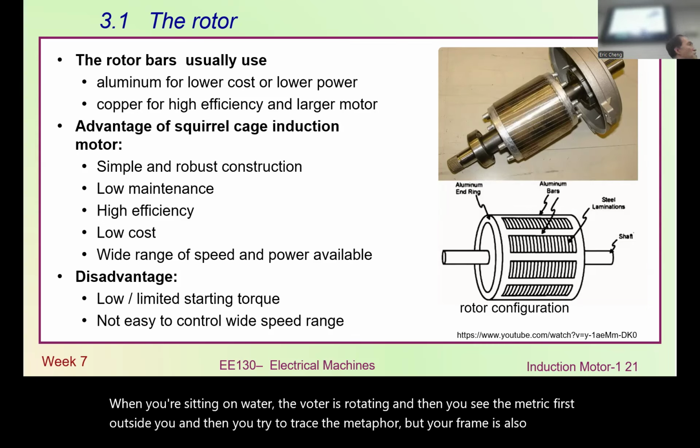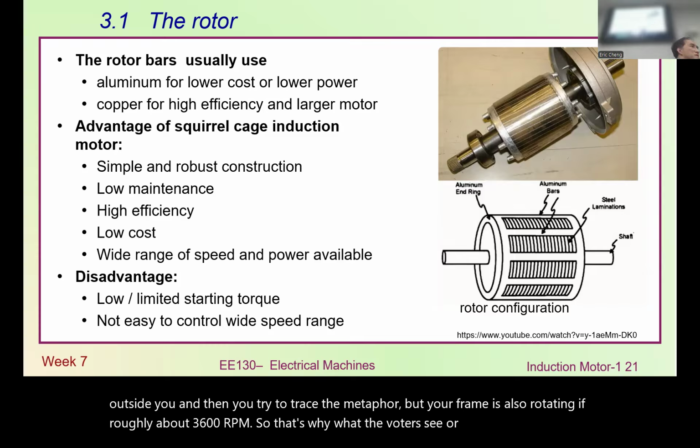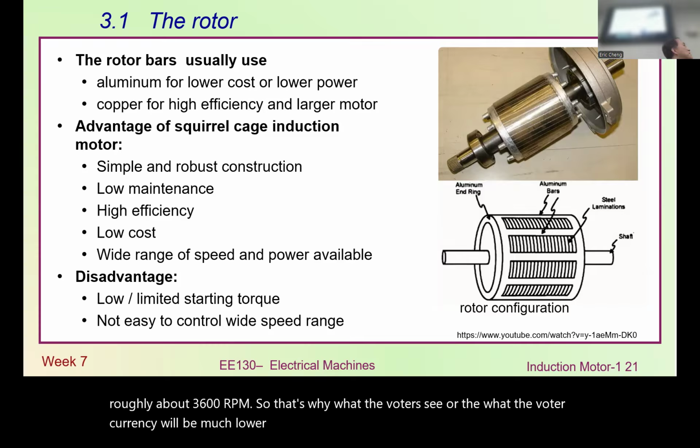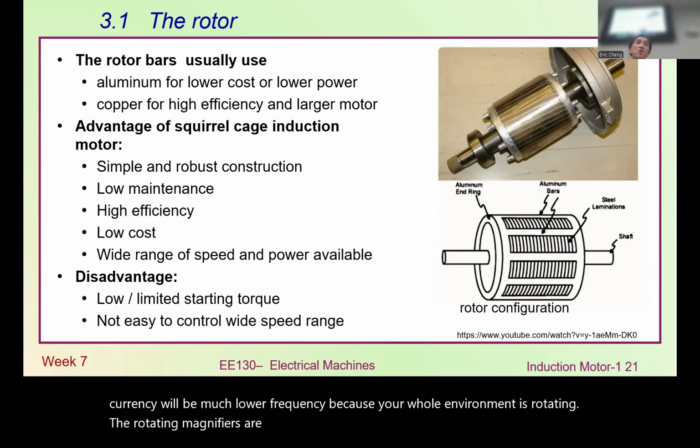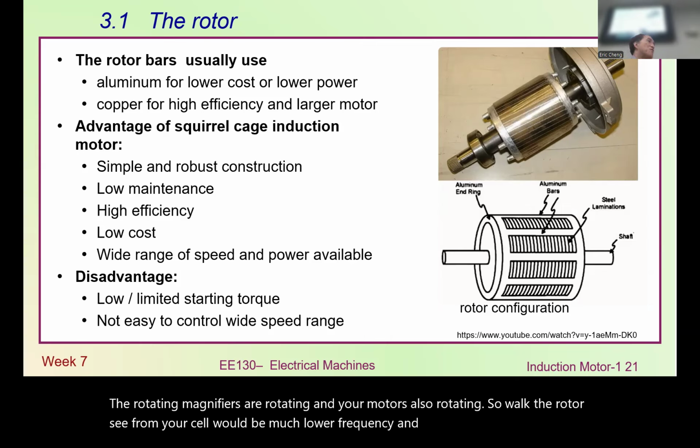So that's why what the rotor current sees will be a much lower frequency, because your whole environment is rotating. The rotating magnetic flux is rotating, and your rotor is also rotating, so what the rotor sees from itself will be a much lower frequency.